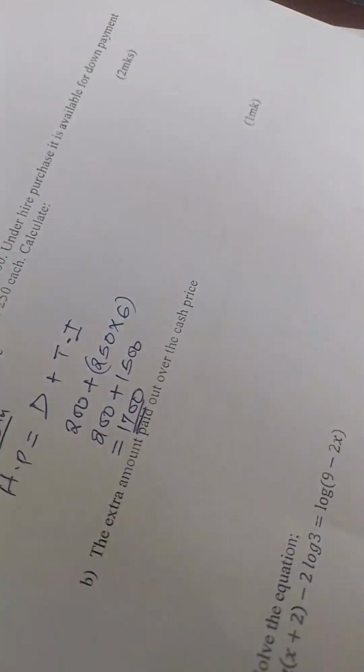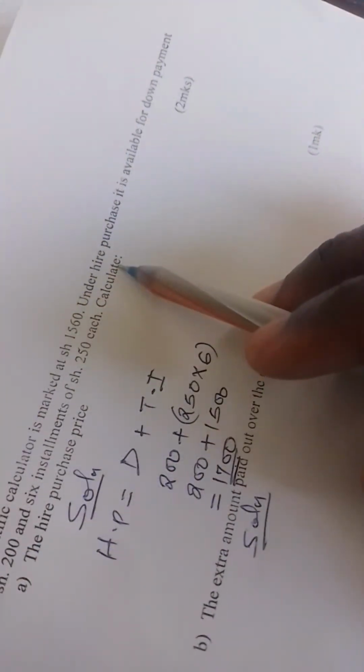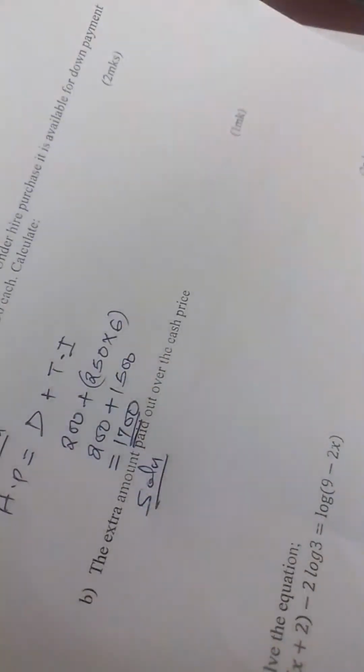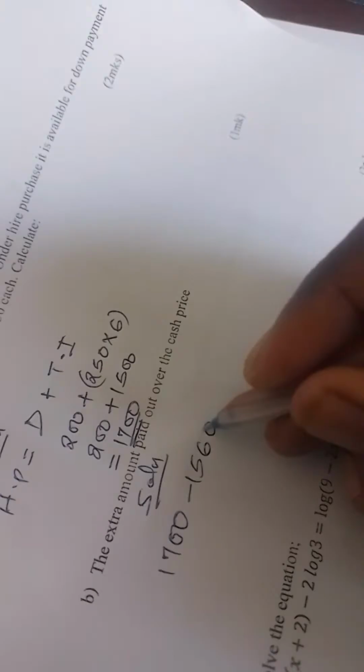B, extra amount paid over the cash price. Remember, there is a mark price that I've been told. The mark price for this was 1560. Then the extra amount that he paid over the cash price is supposed to be 1700 minus 1560.